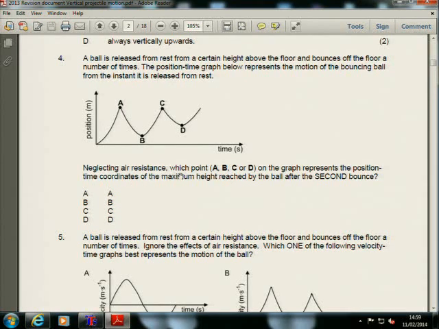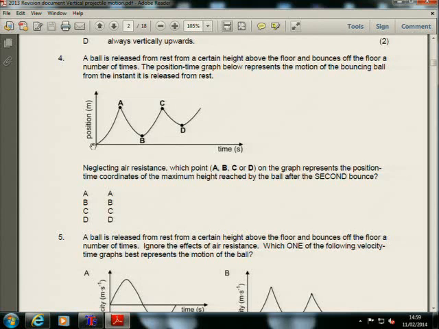Neglecting air resistance, which point, A, B, C, or D, on the graph represents the position time coordinates of the maximum height reached by the ball after the second bounce? Oh, people, this is a mean question. Right, let's have a look.